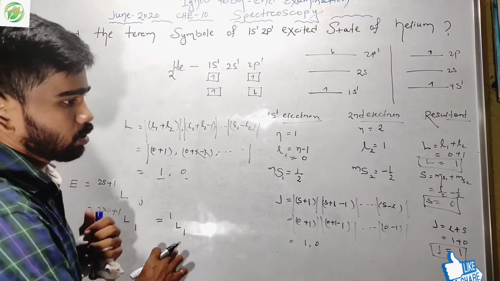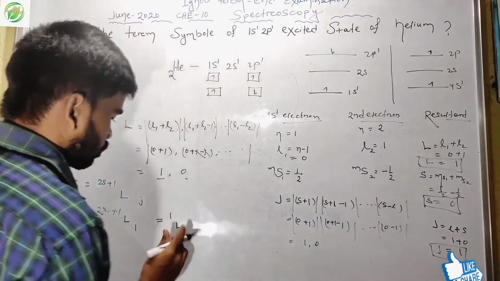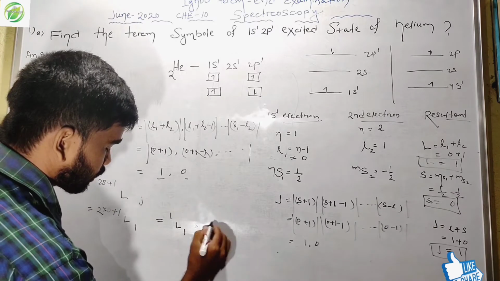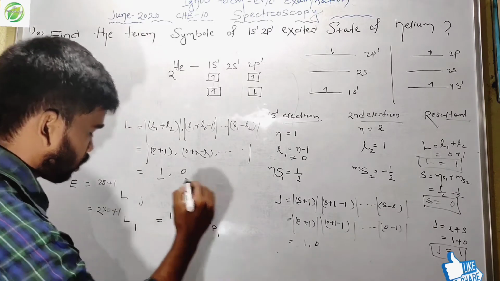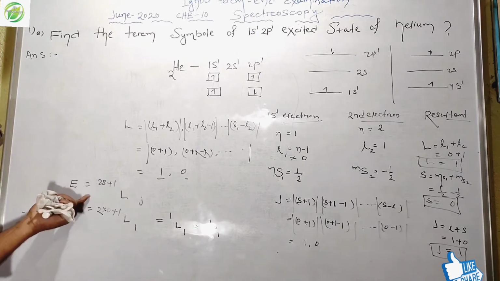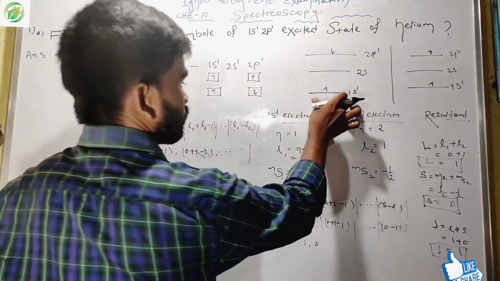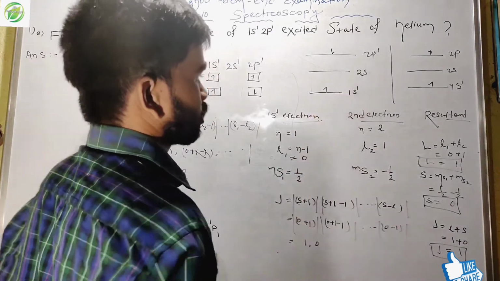For L value 1 we put P, that is 1P1. This is the term symbol of the helium atom in this excited state representation.